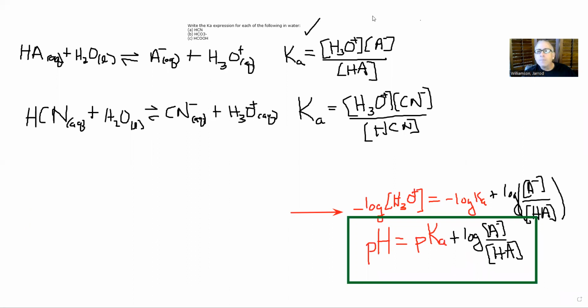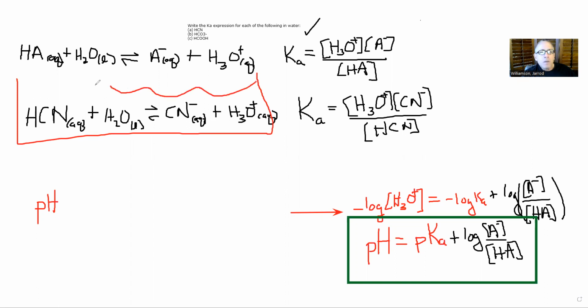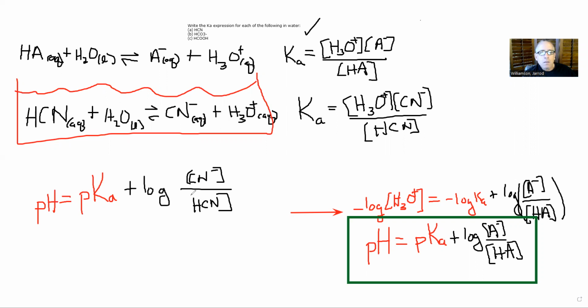If I had a beaker of this solution and I wanted to know its pH, that would be equal to the pKa, would find the Ka, and I would take the logarithm of it, plus the logarithm of the CN minus concentration divided by the HCN concentration. Right? It's called the Henderson Hasselbalch equation.